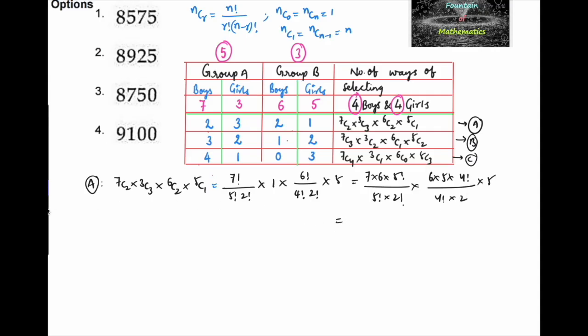On simplifying, we can cancel 5 factorial, 4 factorial, and the 2 three times. So 7 threes are 21, into 15, into 5. So 21 into 15 into 5, we can say 1575.